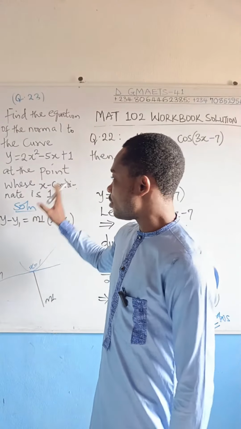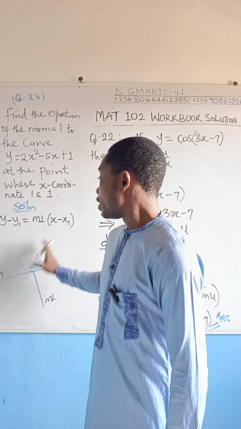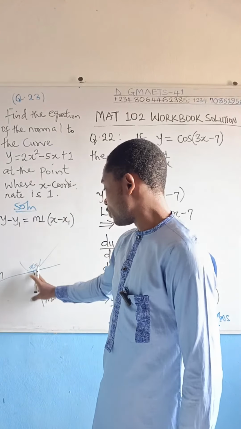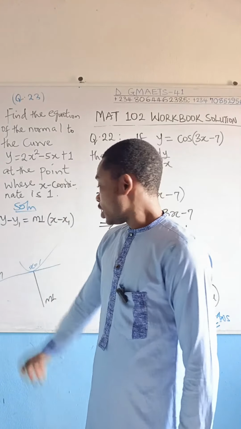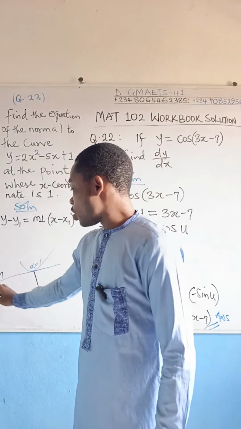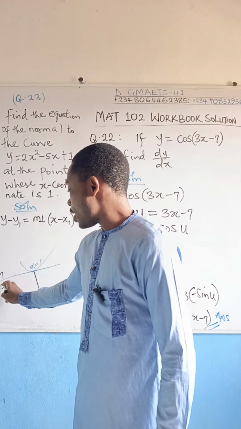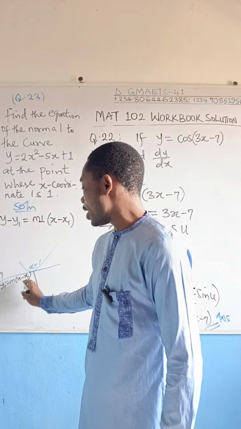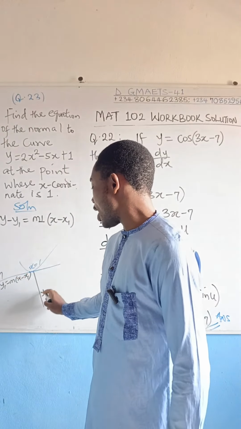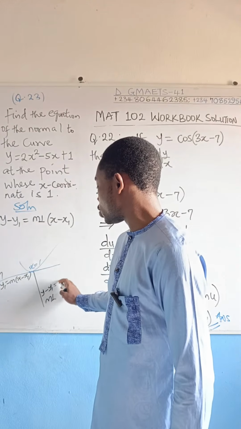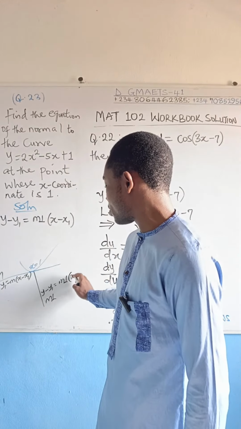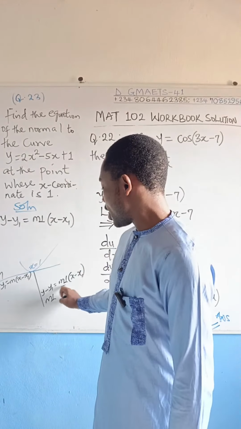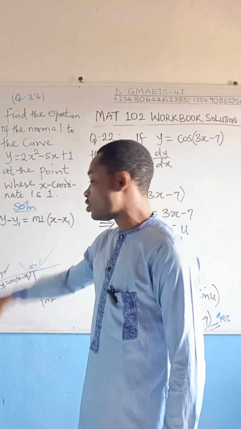So if you want to get the equation of the normal, for this tangent, the equation is y minus y1 equal to m, open bracket, x minus x1. Then for this one, it is y minus y1 equal to m perpendicular, open bracket, x minus x1. So that is how it goes. For you to get this m perpendicular, you must have gotten this m.